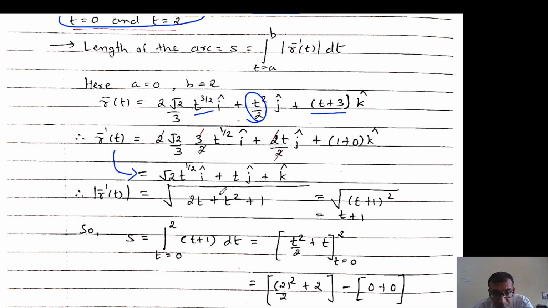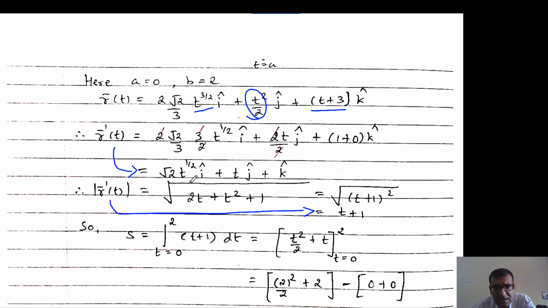But see, this is the complete square polynomial, t square plus 2t plus 1, that is t plus 1 whole square. So it is square root of t plus 1 whole square, which is t plus 1. So mod r bar dash of t is t plus 1.